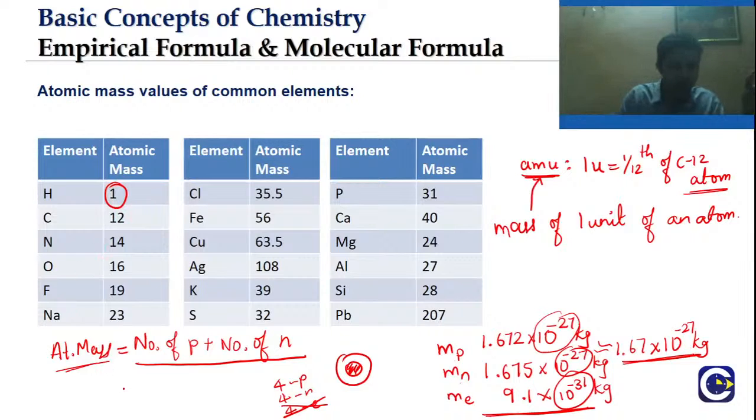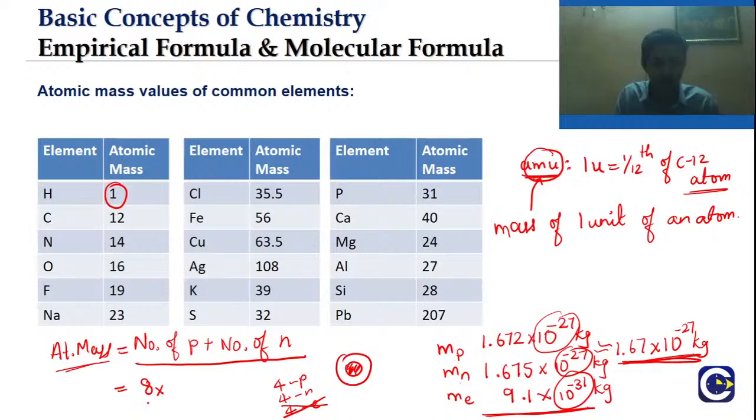So I can tell safely that atomic mass is 4 plus 4, 8 into mass of 1 unit of an atom. 1 unit of an atom could be proton or neutron, whose value is 1.67 into 10 power minus 27 kg. Got it? So that is what this AMU means.